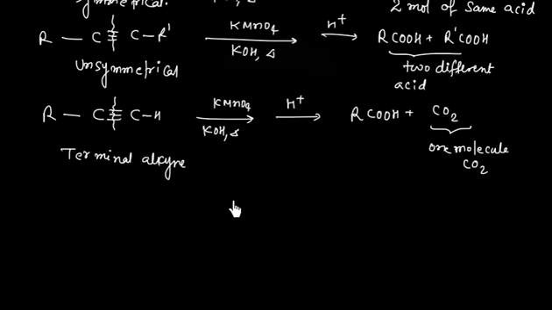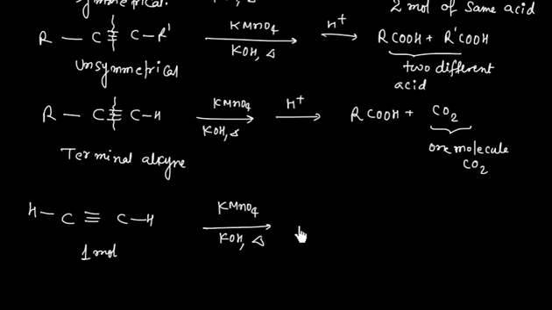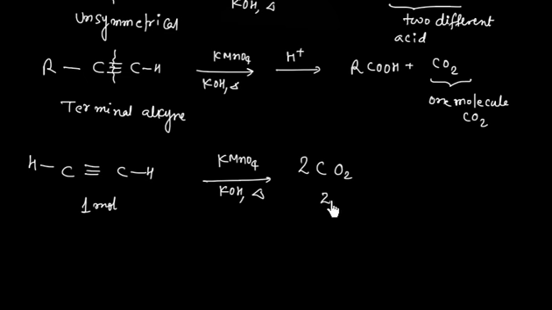And if I am getting 2 molecules of CO2 per molecule of reactant, so if I take 1 mole of reactant, treated with KMnO4, KOH, solution is warm, further acidification, in this case even acidification is not required, it will give 2 moles of CO2. So if I am getting 2 moles of CO2 for 1 mole of reactant, the alkyne is terminal from both sides, that is acetylene.